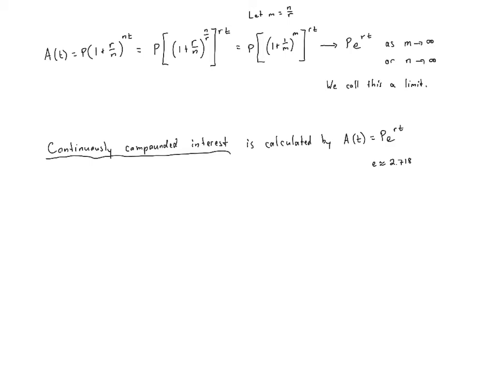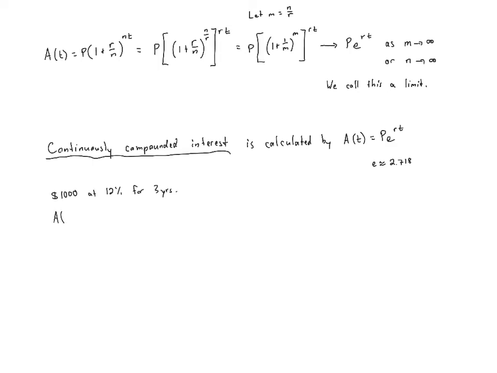So let's look at the same problem that we looked at before, where we were investing $1,000 at 12% interest for 3 years. But let's look at what happens if we're compounding continuously instead of compounding annually, semi-annually, monthly, or daily.